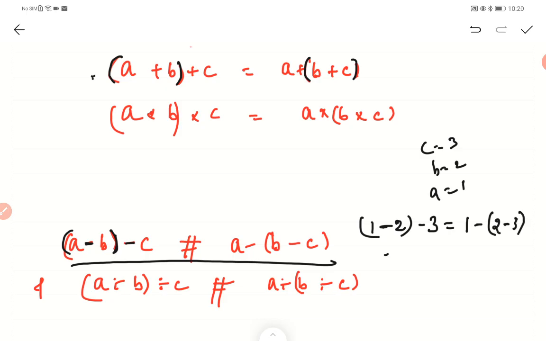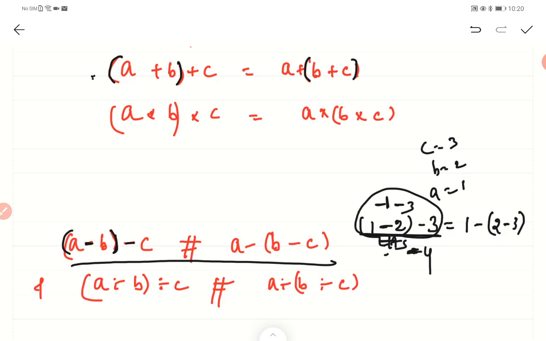Okay, so let's simplify the left hand side. Tell me what is the value of this. So 1 minus 2 is minus 1. It is coming in terms of minus. And then minus 3. This will be equal to minus 4 on the left hand side.